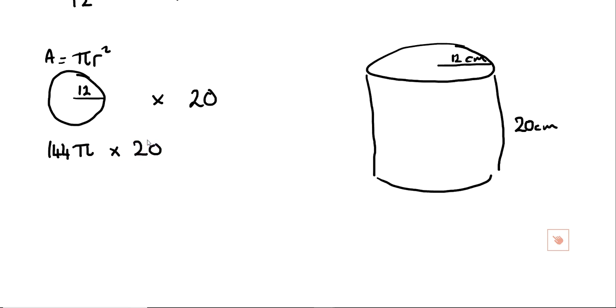So I'm going to ask you for two answers. One answer in terms of pi and one answer as a decimal. What would be your answer in terms of pi? Is it 1,441? Is it 144?